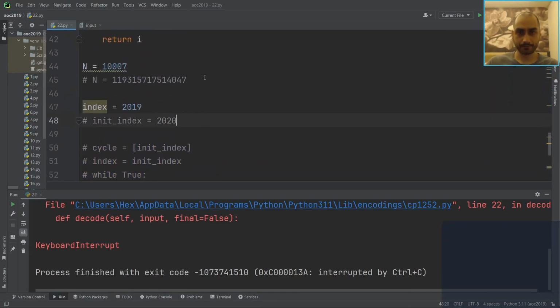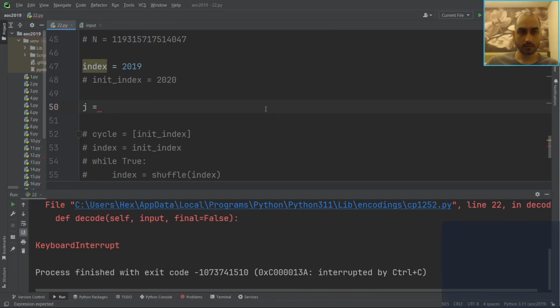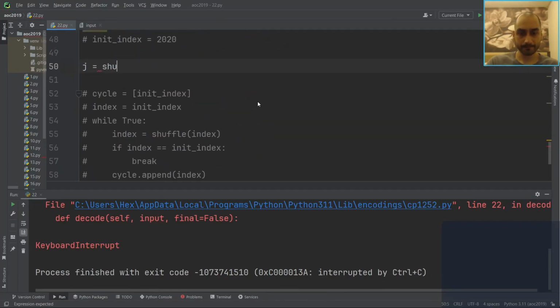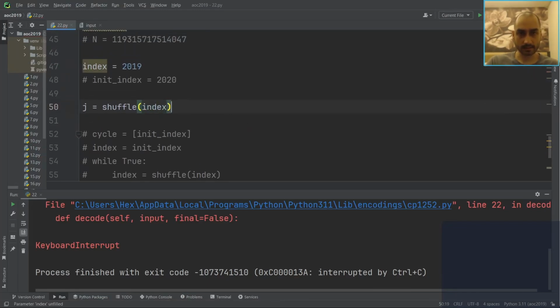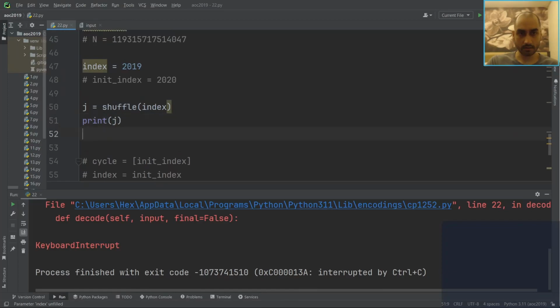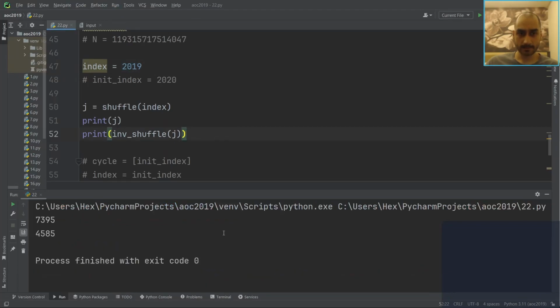Okay, so J equals 1, shuffle index, print J and then print inv shuffle of J. Hopefully we get 2019 again.